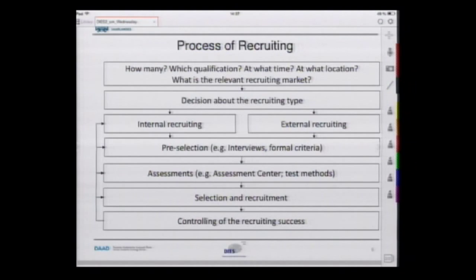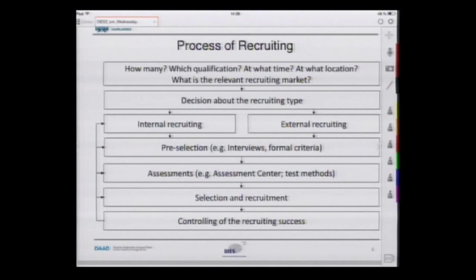You can also look, is it a nice application? Does it look nice? So in the next step, you have some applicants chosen, and then you can make assessments. And that's your point you have mentioned. You can make tests, for instance. What kind of tests can you use?